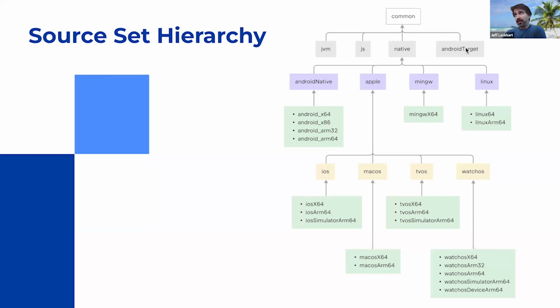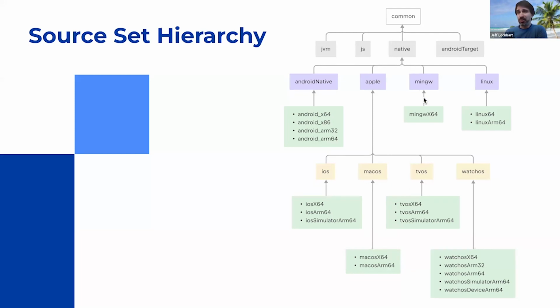Then we've got targets like Android, targets like the JVM desktop. And then down on the native side, we often have these intermediate targets that can actually allow us to share code between a lot of the native platforms. So maybe you have some POSIX APIs that will work on Linux and iOS's platform.